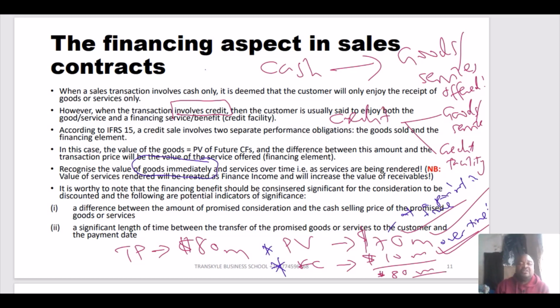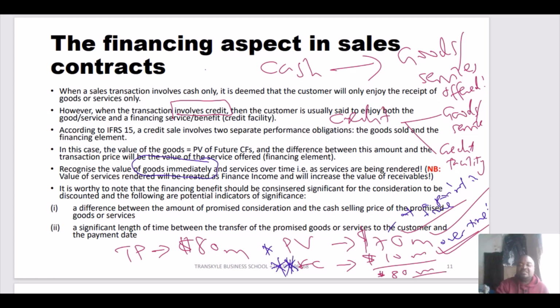So it is worth noting that the financing benefit should be considered significant for the consideration to be discounted, and the following are potential indicators of significance. Number one, a difference between the amount of promised consideration and the cash selling price of the promised goods or services. So when you do your discounting, there should be some significance.